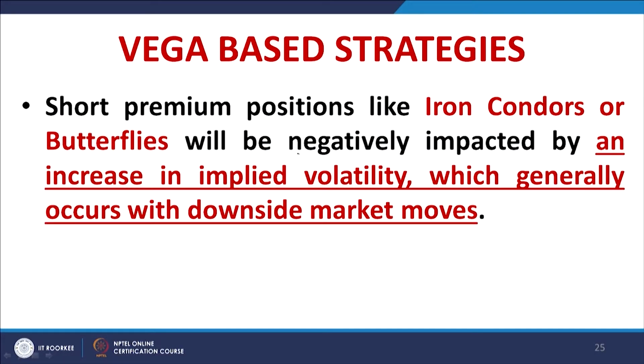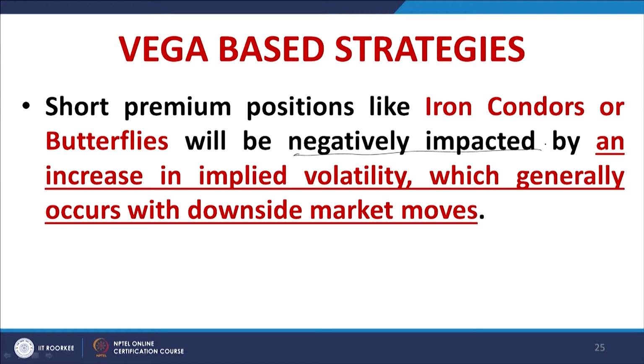Now, this is very important: they will be negatively impacted by an increase in implied volatility, and implied volatility increases when we have a bearish trend in the market. So, a bearish trend in the market increases implied volatility, and an implied volatility increase will have a negative impact on short premium positions, because these short premium positions have negative Vegas.